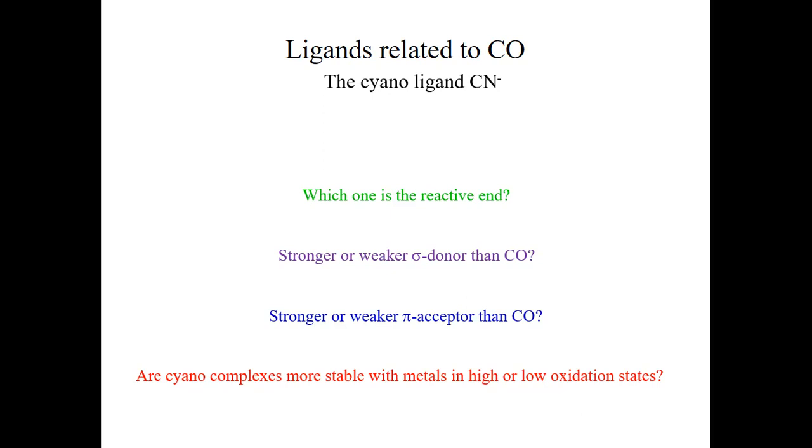An additional argument would be that the cyano ligand makes weaker pi acceptor interactions, which in the case of the carbonyls are very important to stabilize the metals in low oxidation states, because the ligand can accept electrons from the metal. That's less pronounced in the case of the cyano ligand.